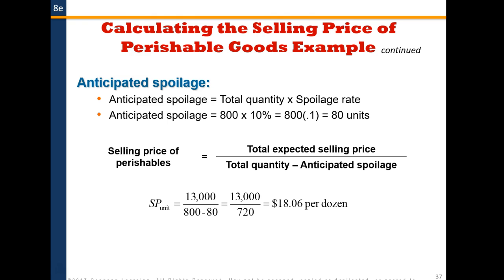Then we come back here and plug it into this equation. 13,000 is the total expected selling price divided by the total quantity of 800 dozen minus 80 dozen. 13,000 divided by 720 equals $18.06 per dozen. So make sure that when you're reading these problems, you're using the correct units. So $18.06 per dozen.